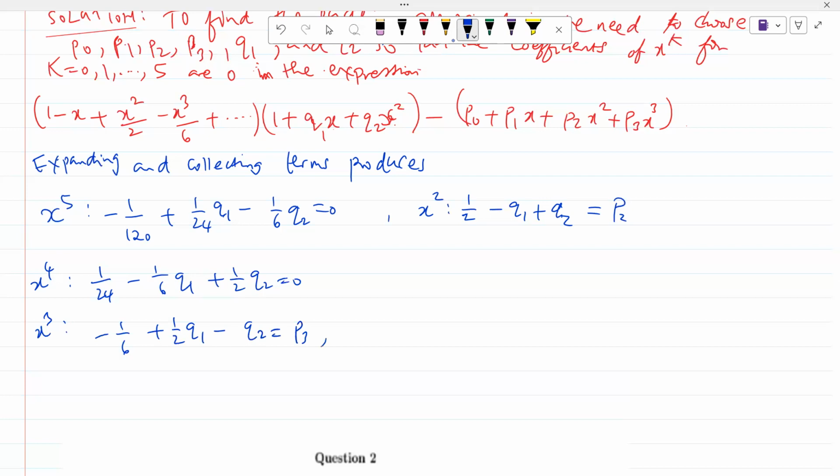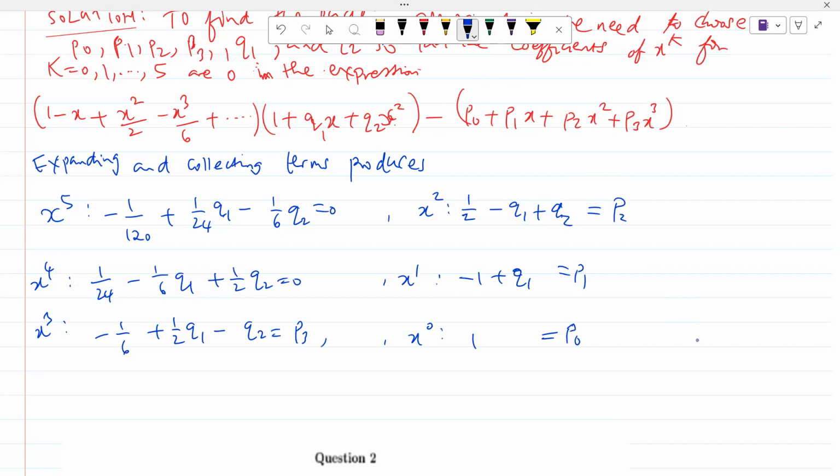And then here there is x, so this is minus 1 plus q1. This one is equal to p1. And then this one is x naught, the constants, which is the same as p naught.